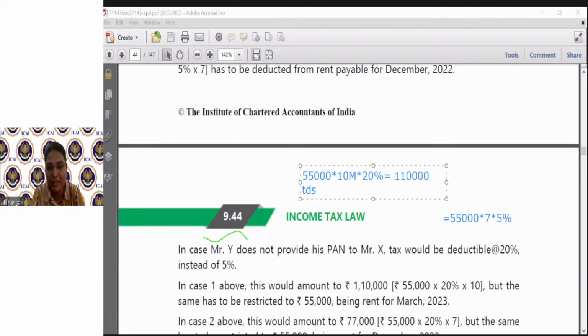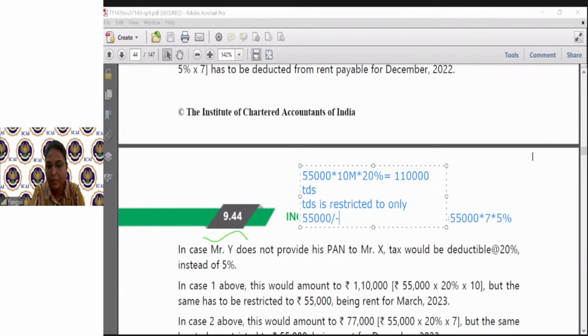But here, my dear friend, my last month rent amount is only 55,000 rupees. So in that case, my TDS is restricted to only 55,000 because I have already paid the rent up till February.